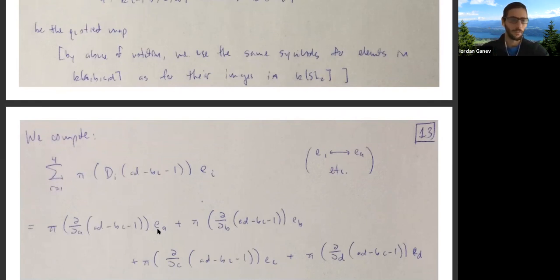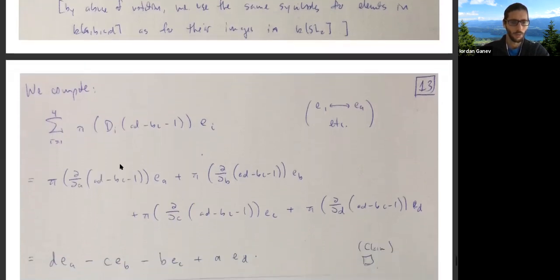So we compute each of these partial derivatives. What's the partial derivative of our f with respect to a? Well, it's just d, because the partial derivative of a times d is just d, and the partial derivatives of bc and 1 are both 0. And similarly, we get a c with the E_B, a b with the E_C, with minus signs, and an a with the E_D. So that's just basic stuff.